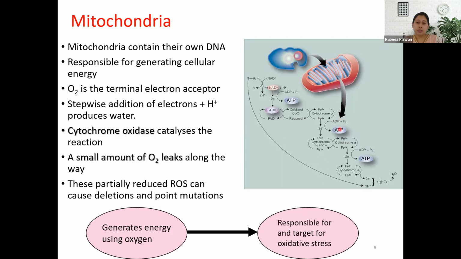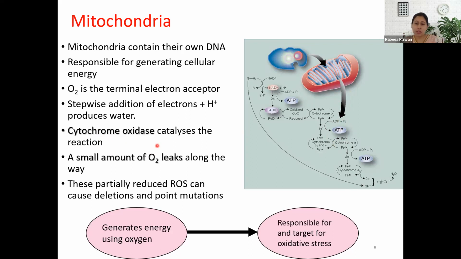And here is one more example given in this picture, during the process of ATP production. Mitochondria also contain an enzyme called cytochrome oxidase, which plays a role in producing reactive oxygen species. How?